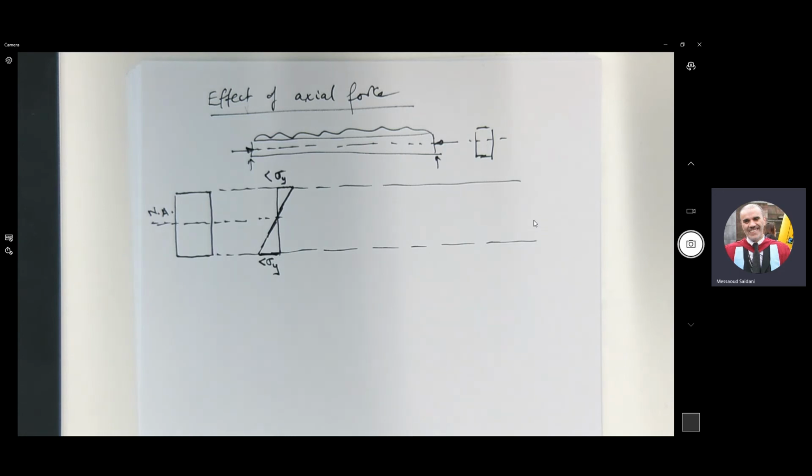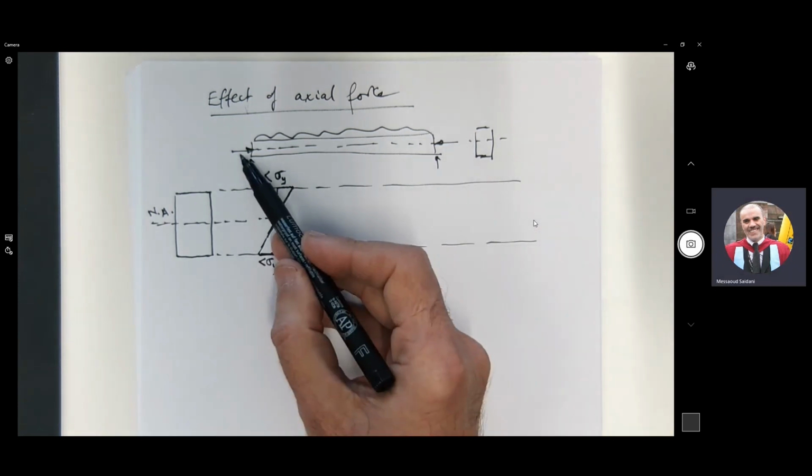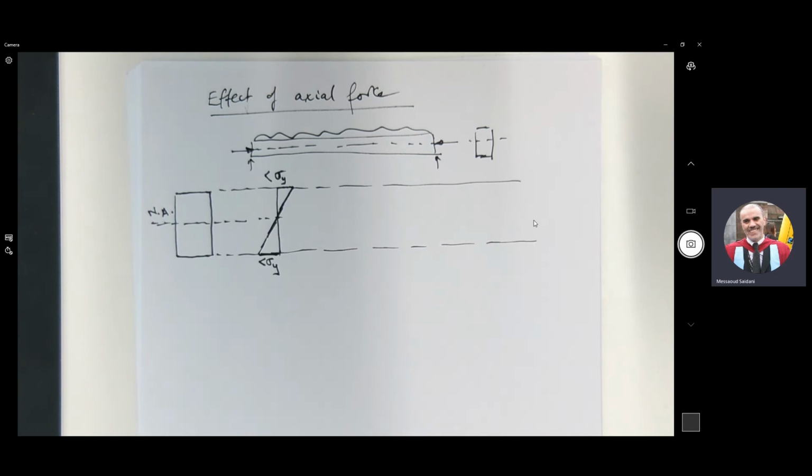What else have we got? In addition to bending, what else have we got? Okay, you have the axial force. What is the stress diagram where you have an axial force on its own?